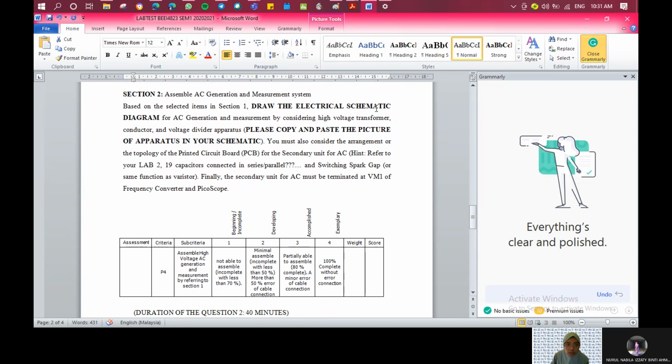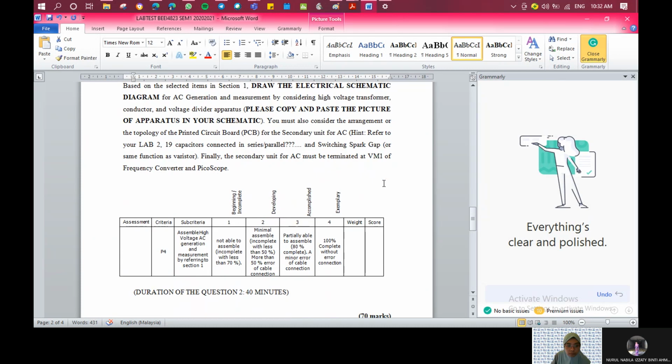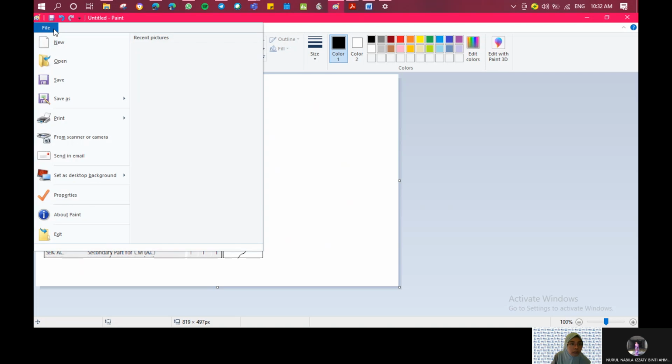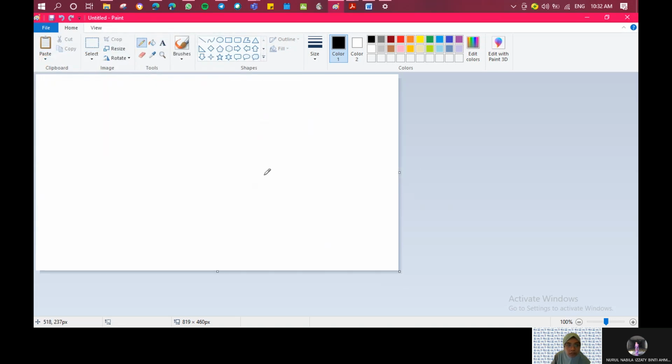I have to draw the electrical schematic diagram for AC generation and measurement. So firstly, open the paint. New. Okay.